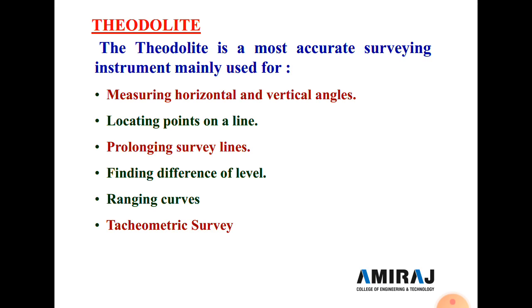We prepare it using the theodolite, in the two theodolite method, to prepare a curve. Next is the tachymetric survey. Tachymetry is generally used for leveling purposes. In this survey we also use the theodolite.